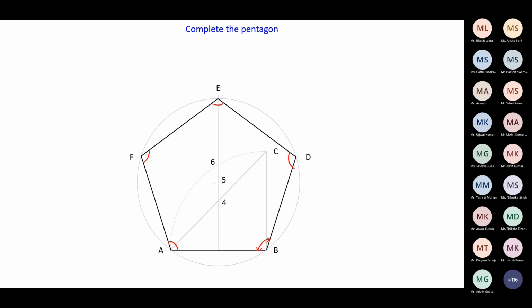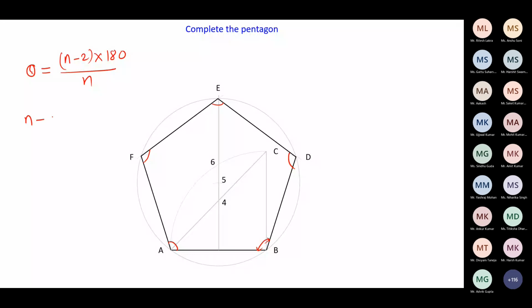For any regular polygon, it is (n minus 2) into 180 divided by n, where n is the number of sides and theta is the interior angle.